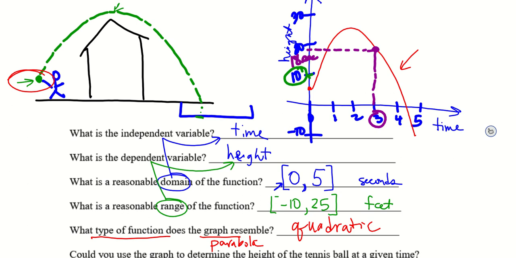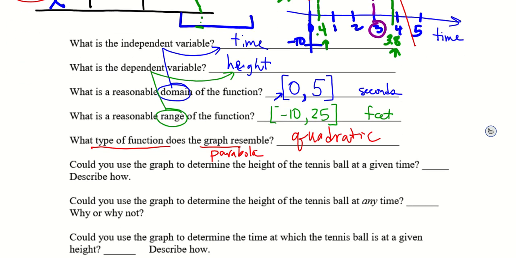Well, for that, we would take a horizontal line till we reach the graph, and then vertically, and say maybe after, I don't know, 0.4 seconds, it reaches a height of 10 feet. But if we take that horizontal line and continue it, we see we intersect that graph again at maybe 3.8 seconds. So for this one height, 10 feet, we actually have 2 different times. The time on the way up, the ball reaches that height, and then again the time on the way down.